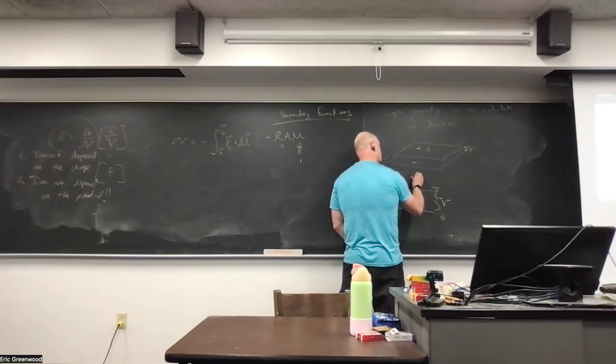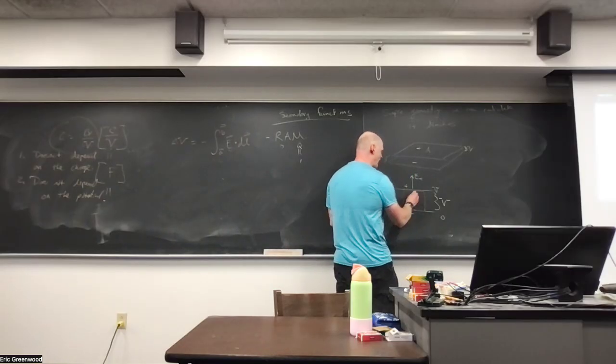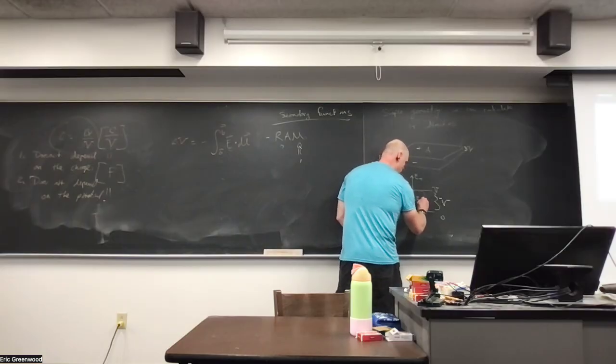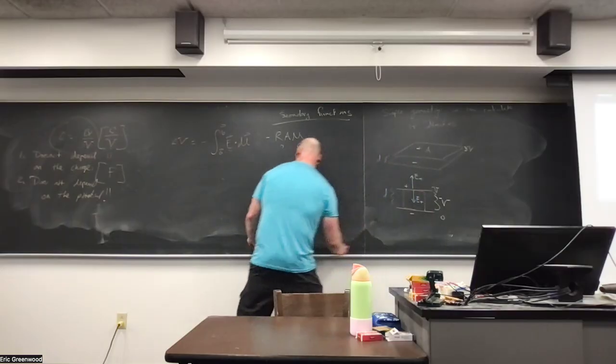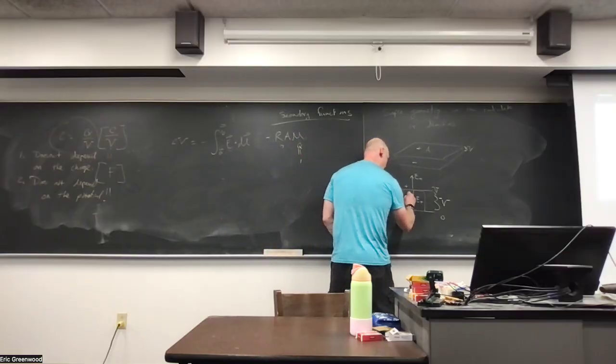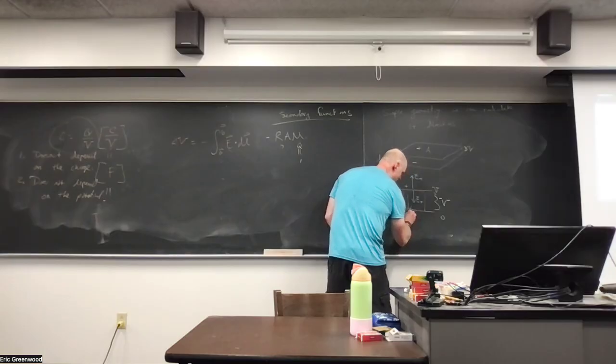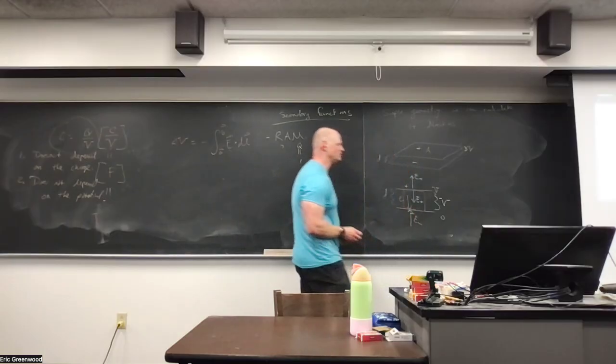For the positive plate, the field points away, E positive. For the bottom, negative plate, the field comes inward, E negative, in both directions.